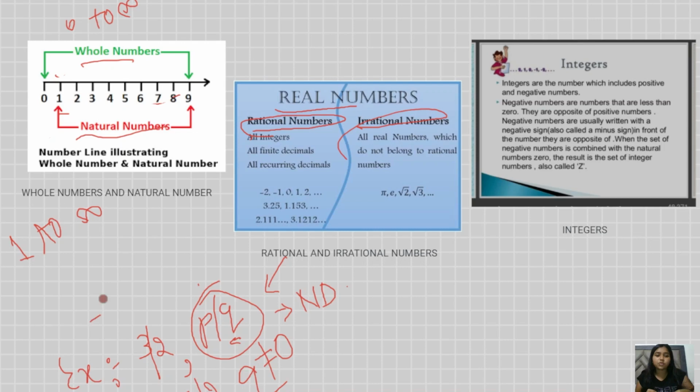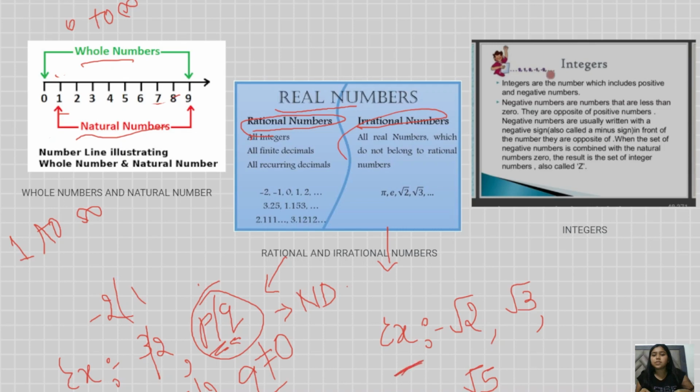Irrational numbers are the numbers which do not follow this p by q rule. Irrational numbers generally include root 2, root 3, root 5.